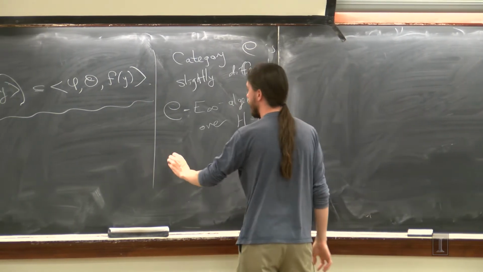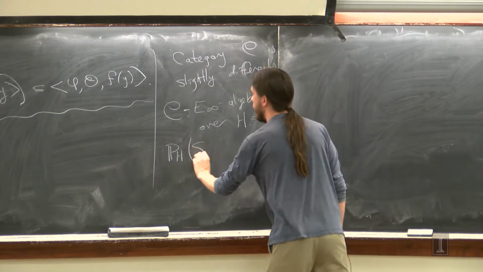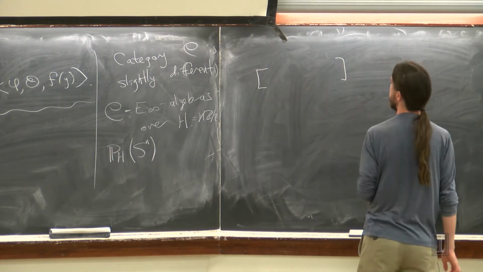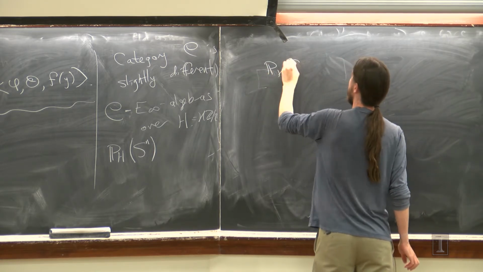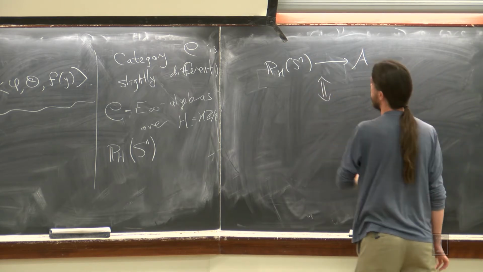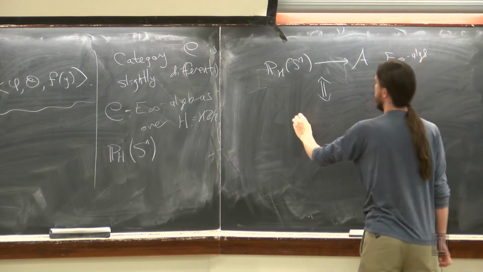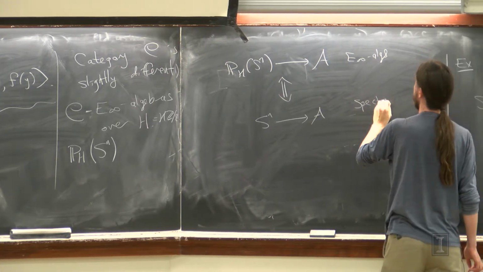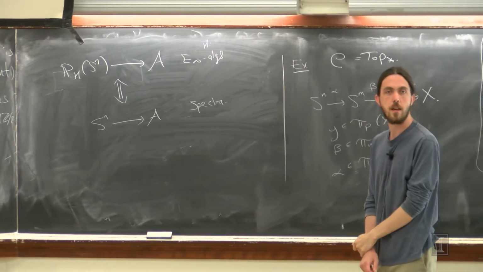And sitting inside here, there are certain objects that I'm going to call the free algebra on Sn. And this is defined roughly by the following property: that maps from the free algebra on Sn to any E-infinity algebra A, in the category of E-infinity algebras, are precisely the same as a map from Sn to A inside the ordinary category of E-infinity H algebras, which is the same as a map from Sn to A in spectra.